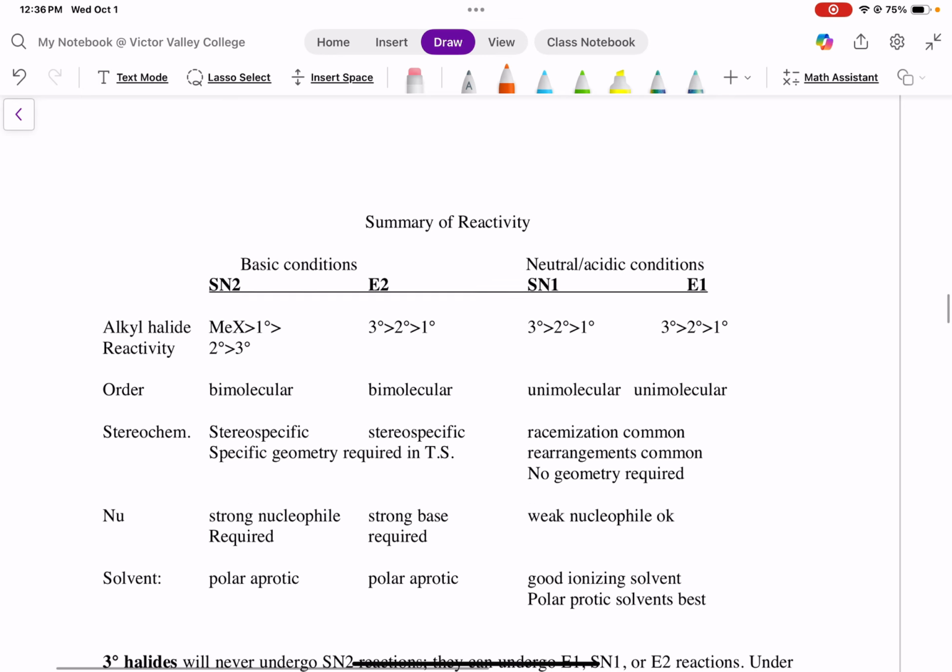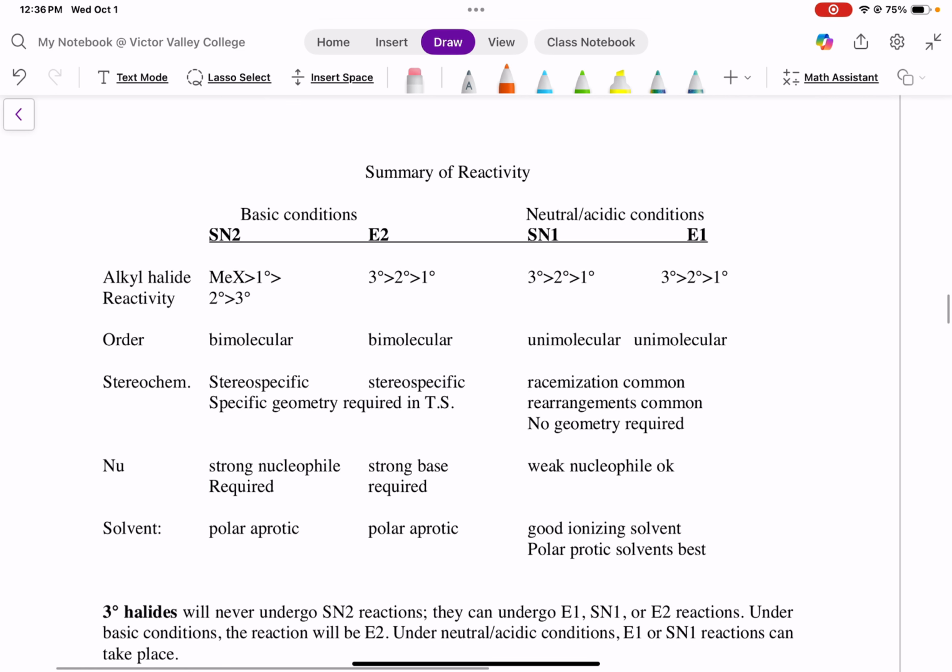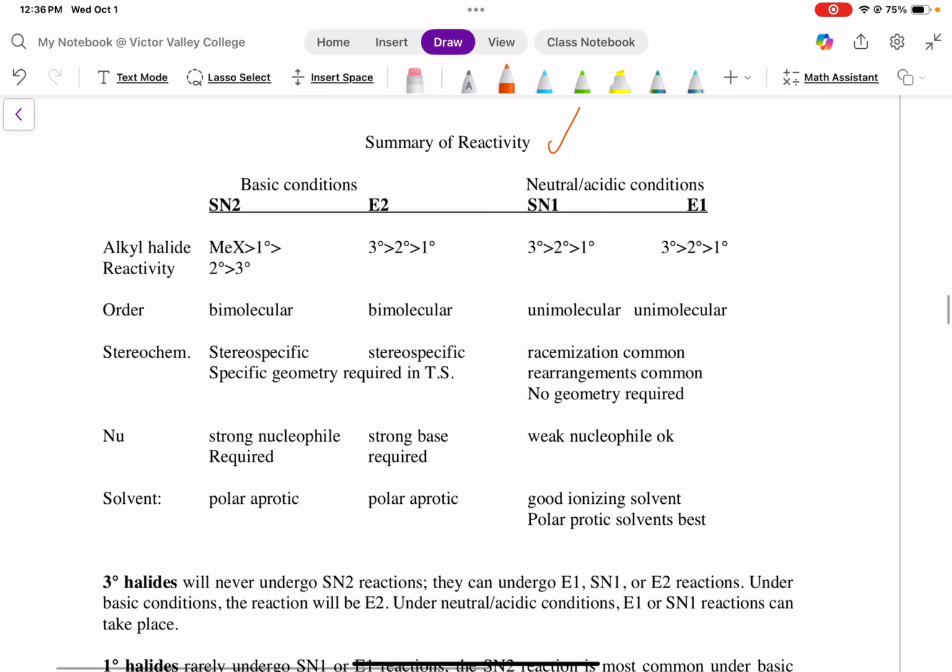All right. So here's a good summary of SN2, E2, SN1, E1. You can take a look at the summary in terms of the reagent, the main substrate, and also the solvent, the nucleophile strength, and all that stuff.